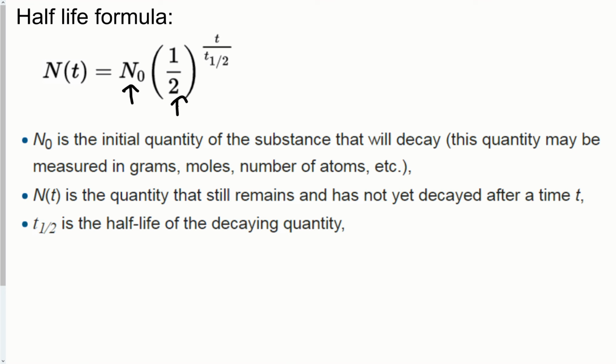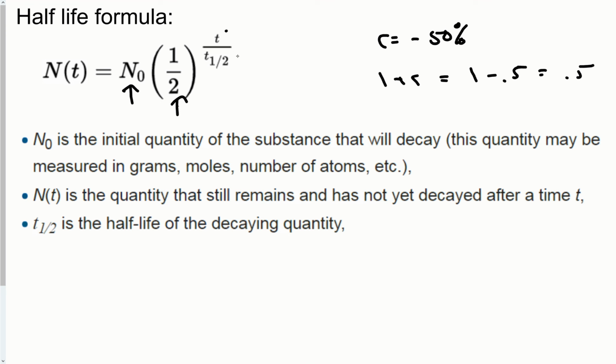So if my rate is negative 50%, if I'm losing 50% each time, then 1 plus the rate would be 1 minus 0.5. So that would make my base 0.5, 1/2.